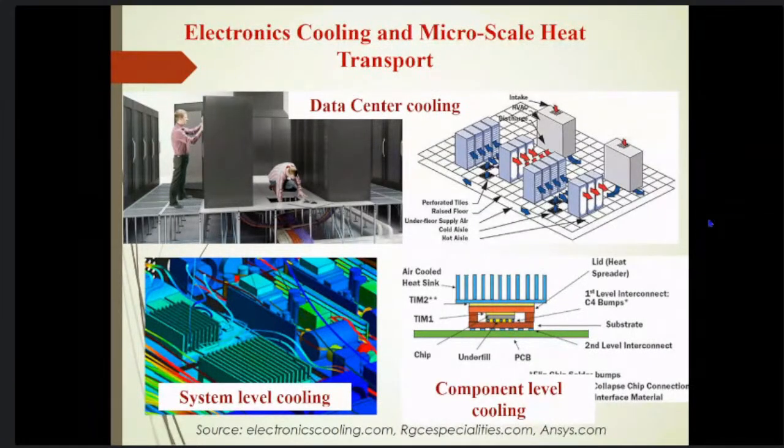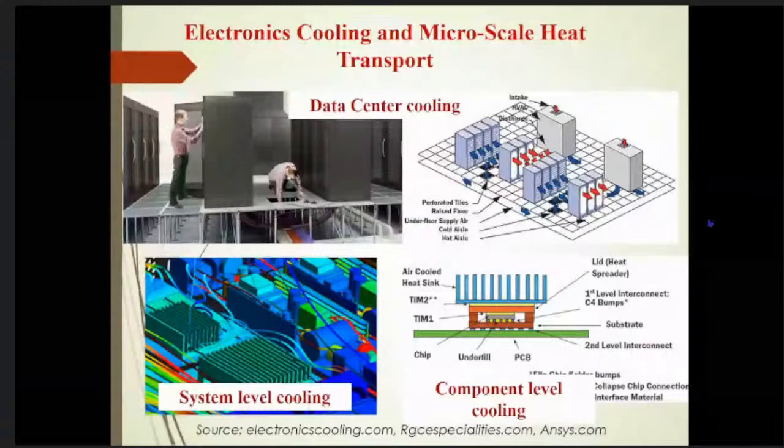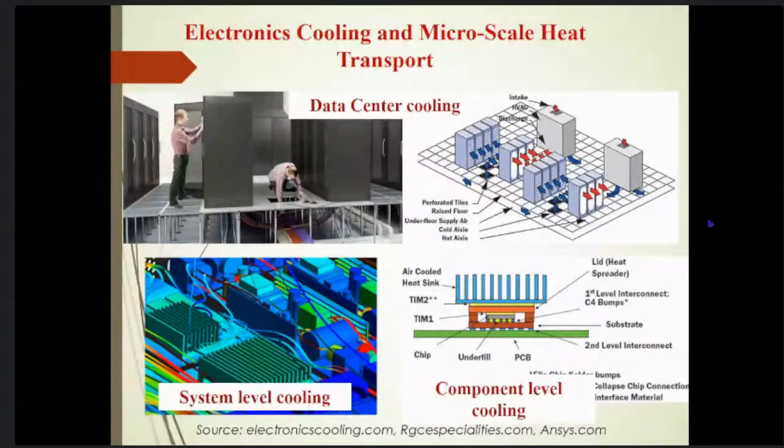When we combine multiple desktops, it comes to the laboratory. In that laboratory or any computing facility, the heat load becomes more and more, and we need more and more capacity in the air conditioning system.